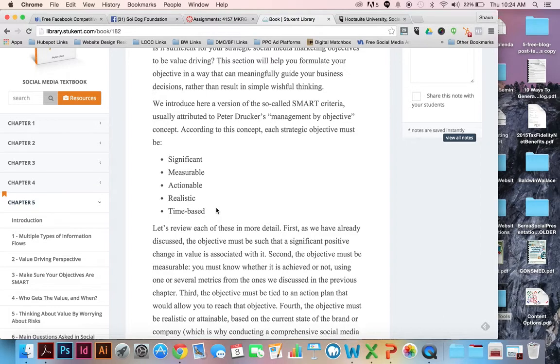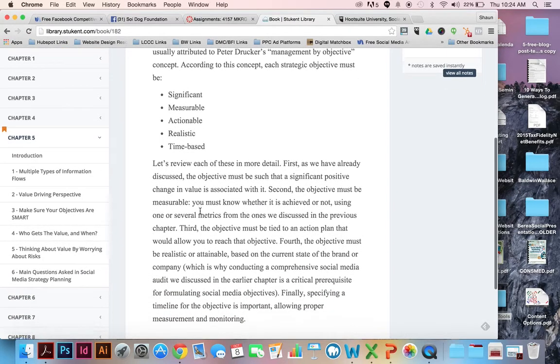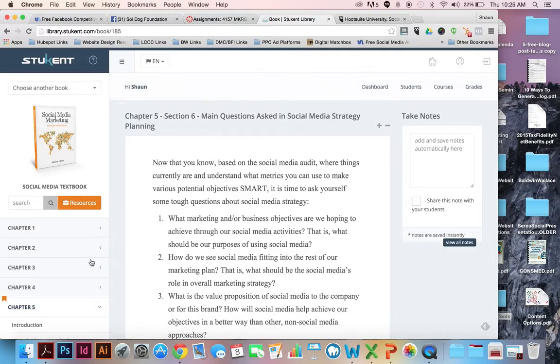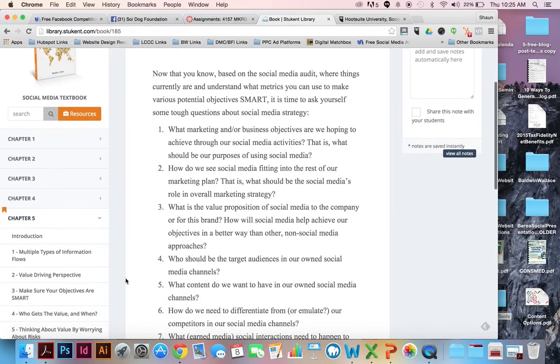So write at least a 2-page paper on a social media campaign that is centered around SMART criteria: significant, measurable, actionable, realistic, and time-based. And again, when you're planning out your social media campaign, ask yourself these questions.